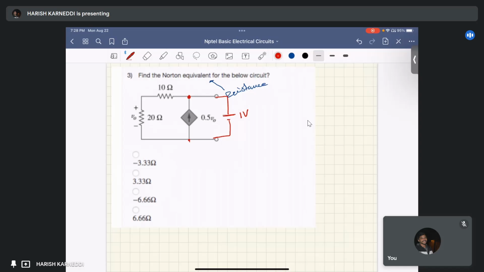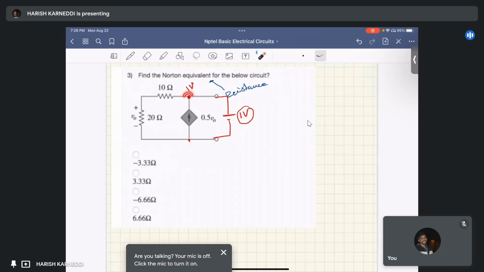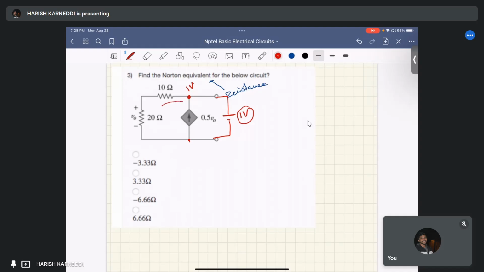Okay, now the voltage at this point, I consider this as a reference. So the voltage at this point is 1 volt, right? Why? Because I'm applying here 1 volt. The 1 volt is applied across these two nodes, that is this node and this node. So straightforward, the voltage at this point equal to 1 volt. Therefore, the 1 volt is applied across these two resistors as well.